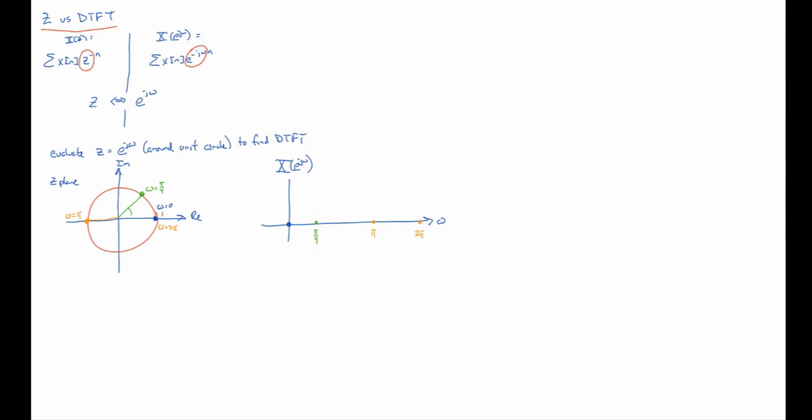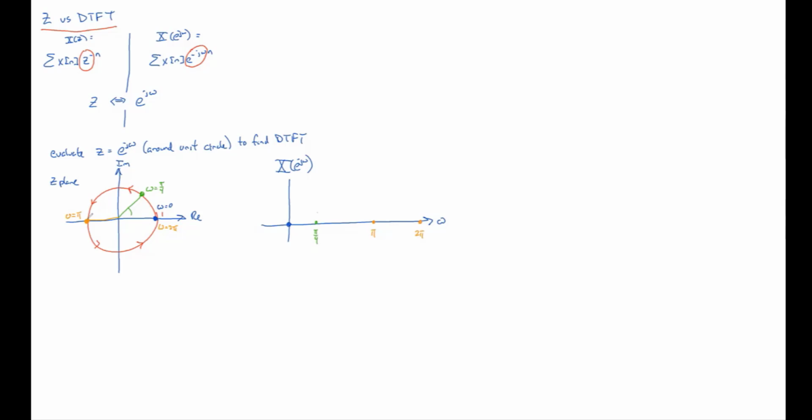So you just unwrap. If this is our Z values, you'll plug in all these Z values around here into your X of Z. I can't graph your X of Z on here because it requires an extra 2 dimensions that I don't have. But if you could then unwrap, let's just think about the magnitude of X of Z, that would be then a height over this plane here.